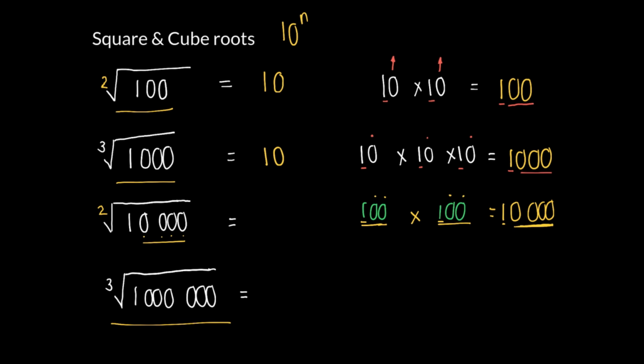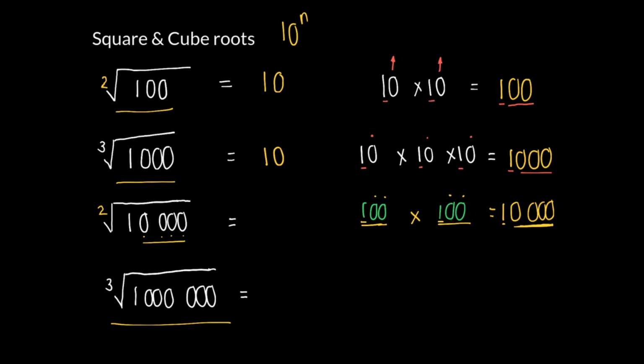So when we get to this number over here, we need 3 numbers. I'm going to need something times something times something is equal to 1,000,000. Let me write it again just to make sure that it actually fits.